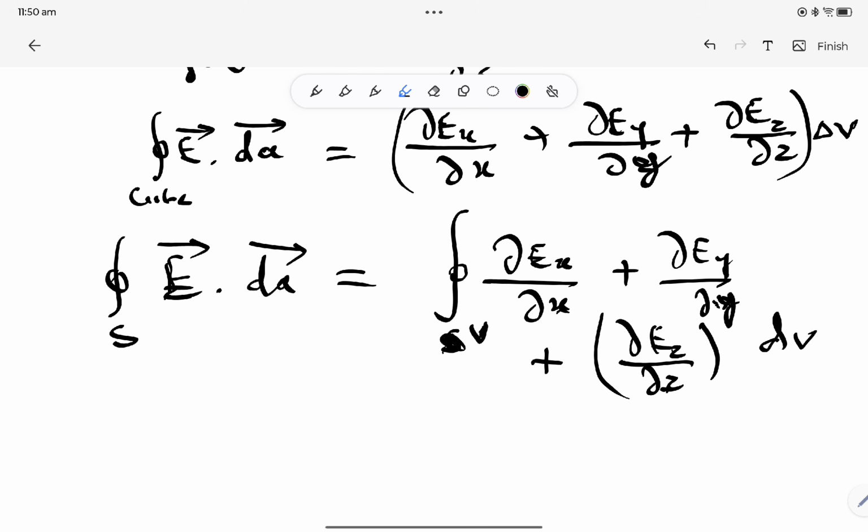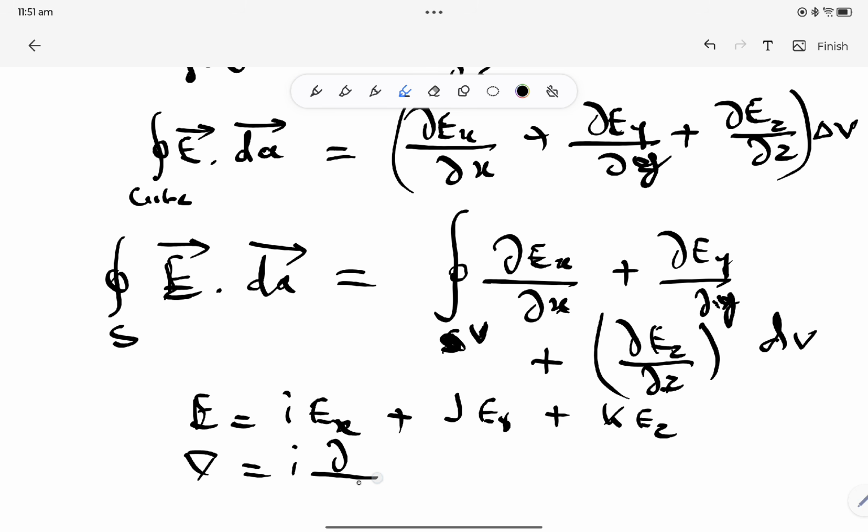You can easily recognize it: E is equal to I Ex plus J Ey plus K Ez. This is E, and you know the del operator, I del by del x plus J del by del y plus K del by del z.